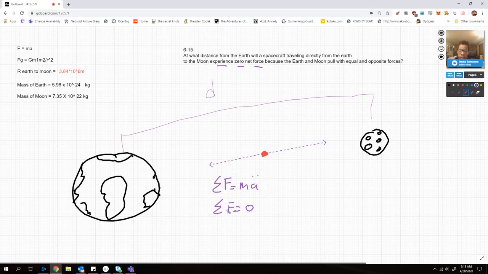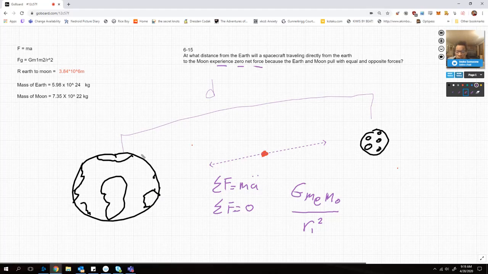Now all I have to do is expand my sum of forces. So I'm going to need to use now my force of gravity. So G times mass 1, which is the mass of the Earth, and then mass of Moon over this distance. Actually, this is going to be the mass of my object, because it's this force from here to here, which is going to be my Earth to my object. So I'm going to call this mass of object over R1 squared.